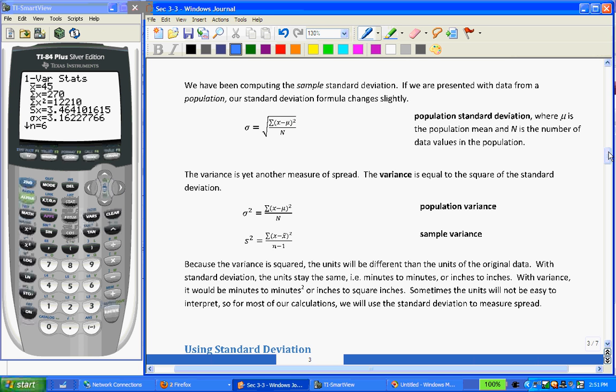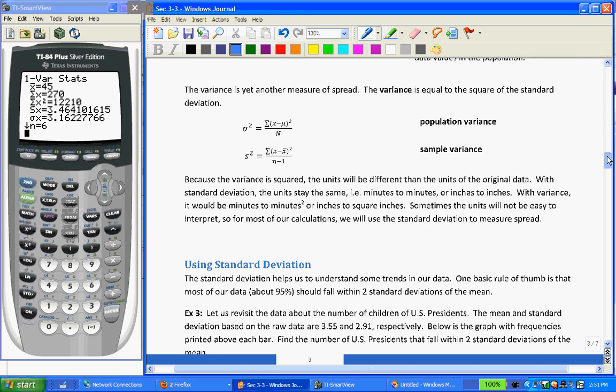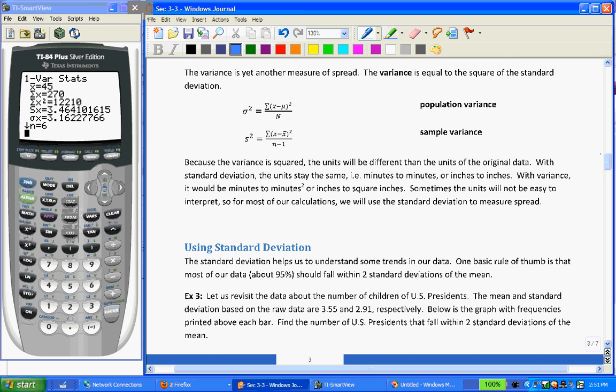Another measure of spread is the variance. The variance is equal to the square of the standard deviation. So it's like we don't do that step where we take the square root. Again, population variance is going to be sigma squared, and sample variance will be S squared. Greek letters for population, regular letters for sample. Because the variance is squared, the units will be different than the units of the original data.